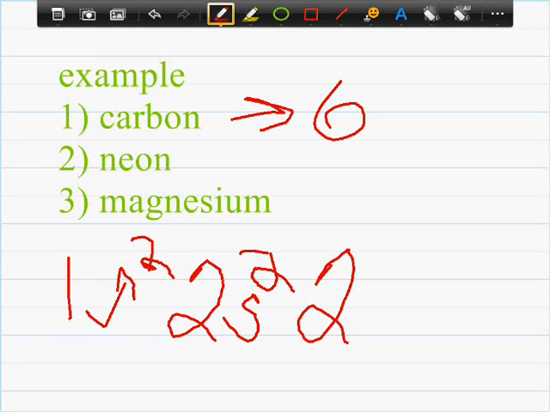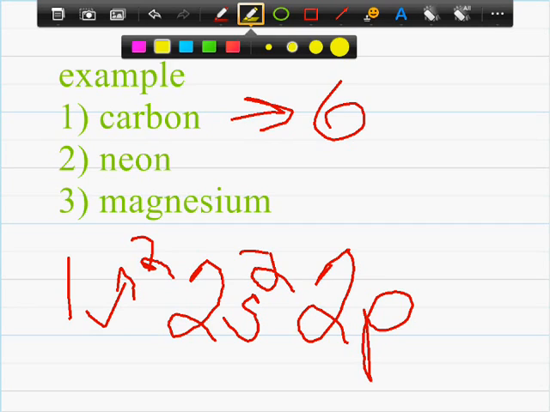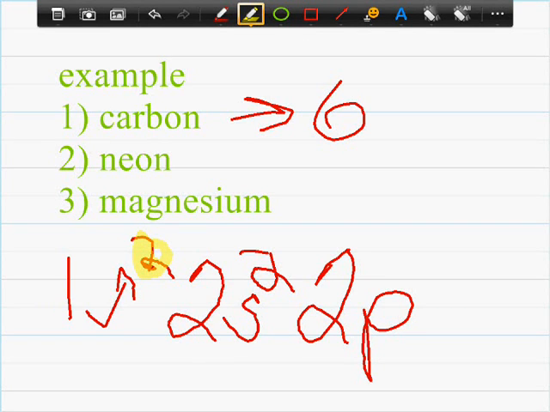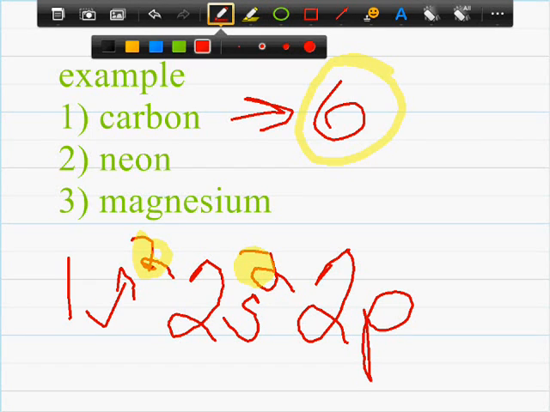And thus far with carbon we have 2 and 2, which is 4 electrons. Our goal is to get to 6. So if we already have 4, although the p orbital can hold 6 electrons, all we need to do is put 2 in it in order to reach carbon's atomic number, which is 6.